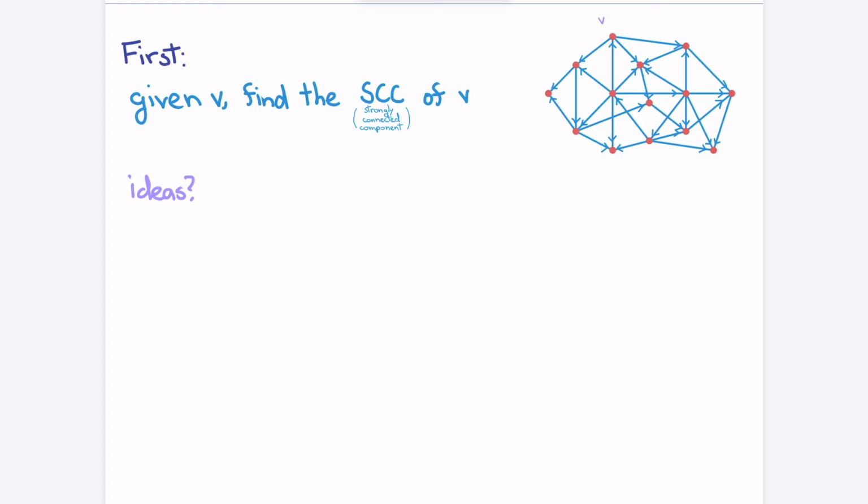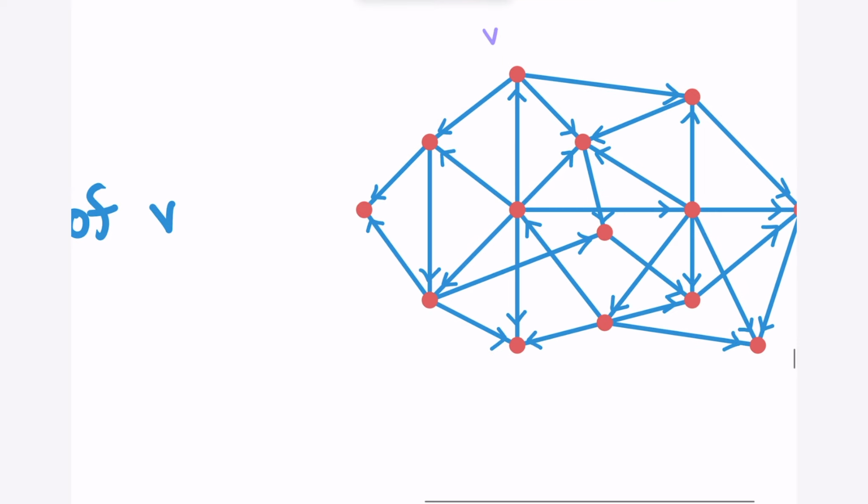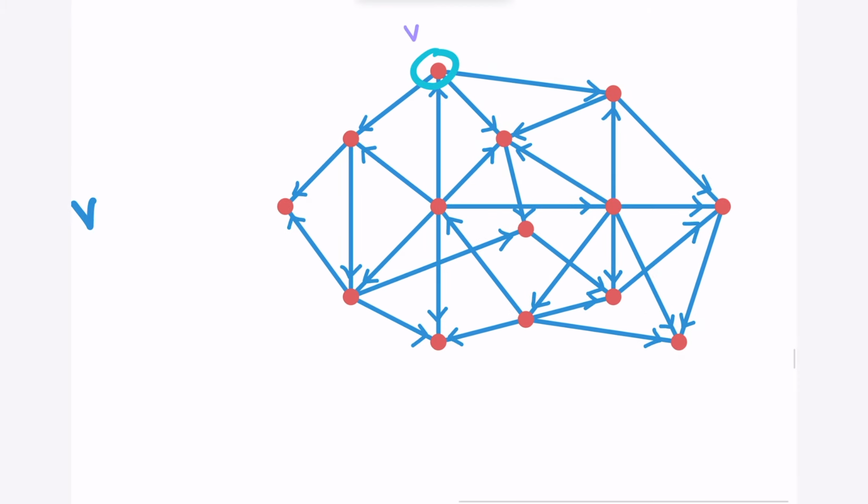So, it was a little bit vague, but you said you can traverse from V until you get back to V, and whenever you find a cycle, you just do DFS until you get back to it.